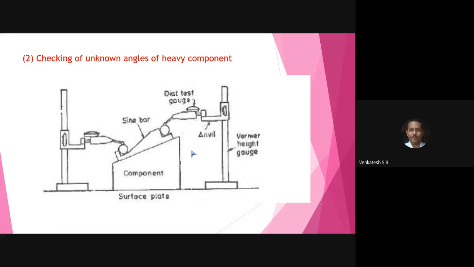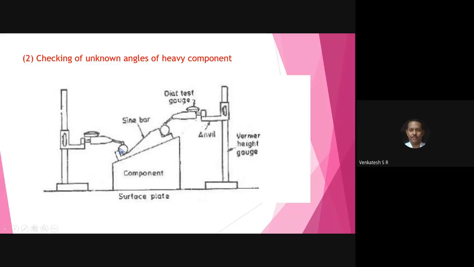Next, one more experiment. This is checking unknown angles of a heavy component. So this is the heavy component, say a casting. Place it on the floor and keep the sine bar in the inverted direction, and using the dial gauge, see that the angle which is available in the dial gauge is the angle of the component.